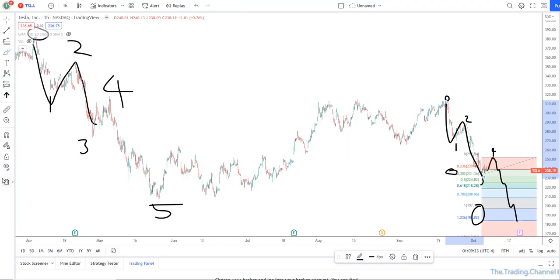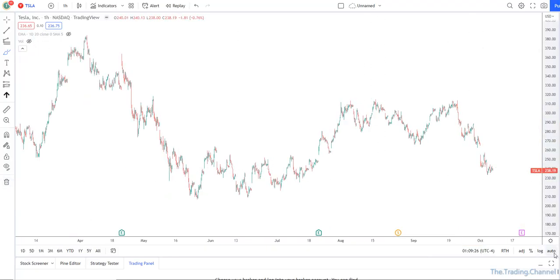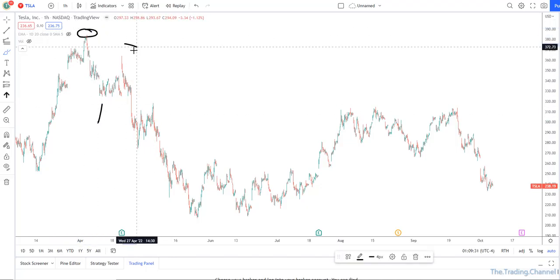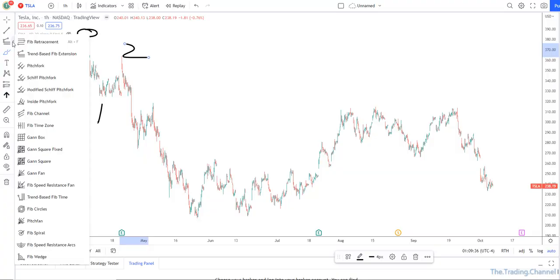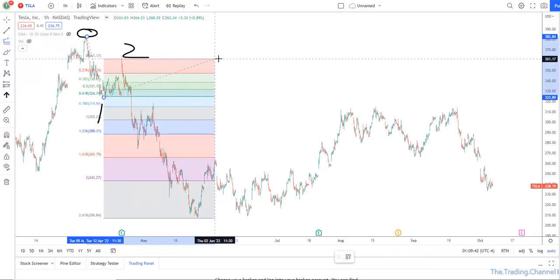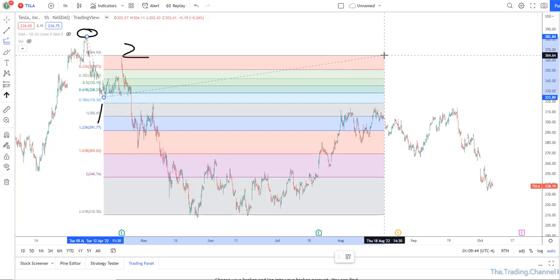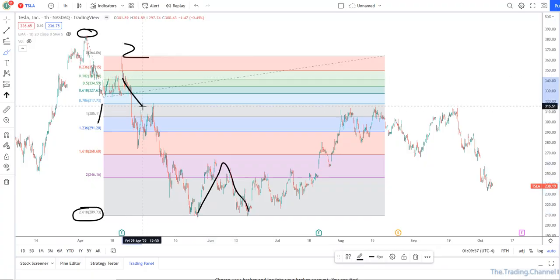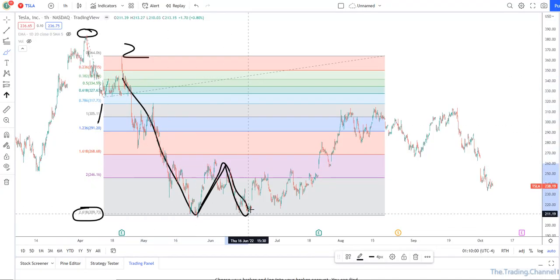All right, so assuming that you really don't know how to do it, I'll teach you a shortcut. If you can see 0, 1 and 2 and you're lazy to do the rest, you can actually just do this: 0, 1 to 2. Can you see it went all the way to the 2.618, which was the bottom, right? It came here all the way and bounced off, came here and bounced off.